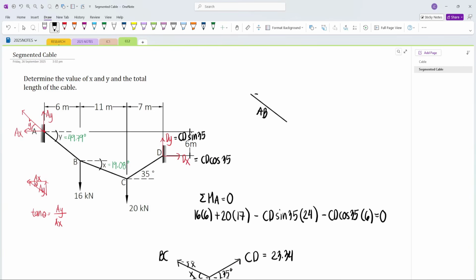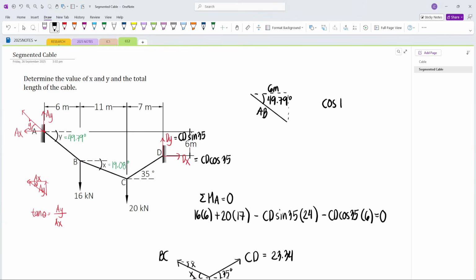So, for segment AB, meron siyang angle dito, 49.79. So, to solve the length, we have the adjacent side, which is 6 meters. Then, we want this length, the hypotenuse. So, what relates the adjacent side and the hypotenuse? Diba, cosine, adjacent over hypotenuse.